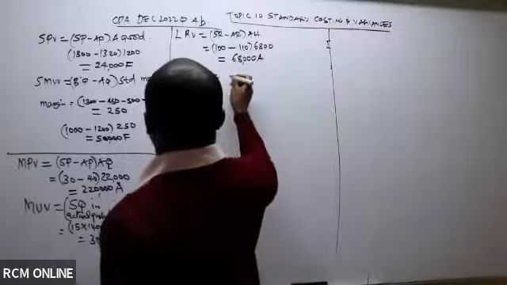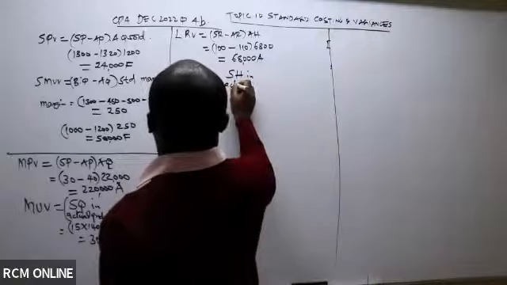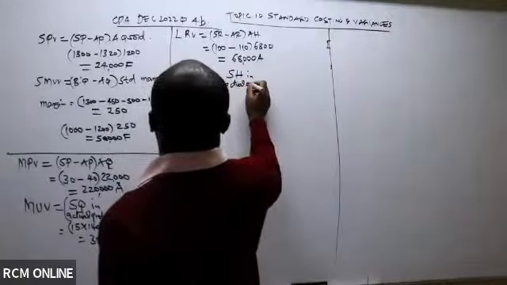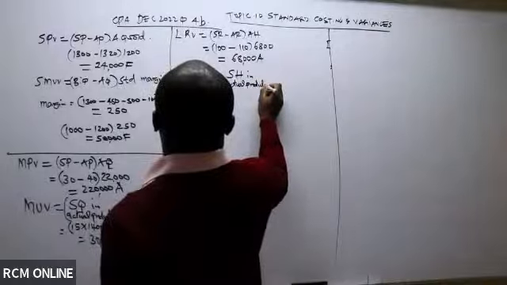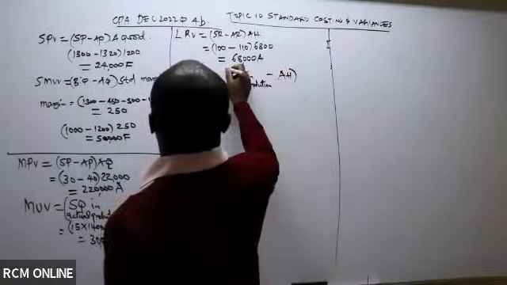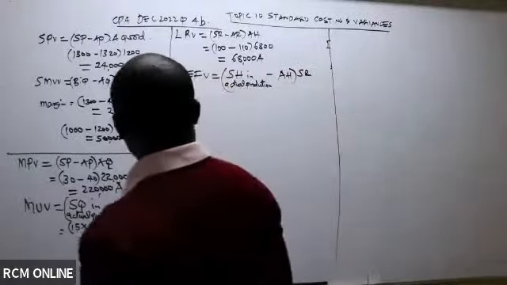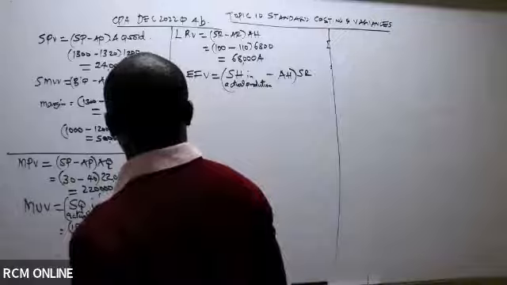Labor efficiency variance is equal to standard hours in actual production minus actual hours, multiplied by standard rate. So can someone give us standard hours in actual production?